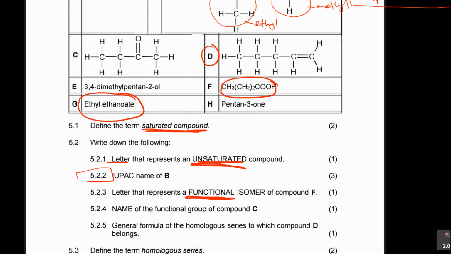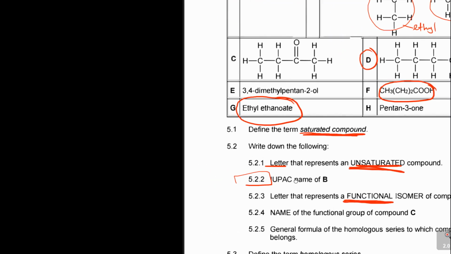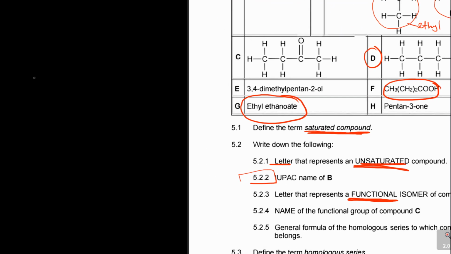So look at the carbons. Ethyl is CH3CH2OH. The ethyl group is this one from ethane.